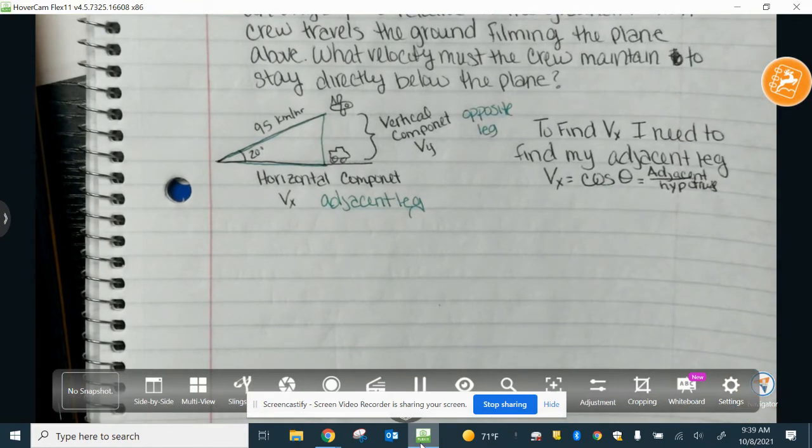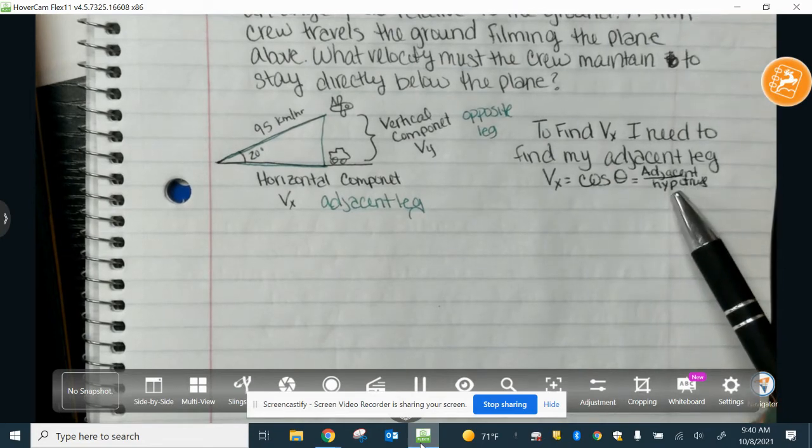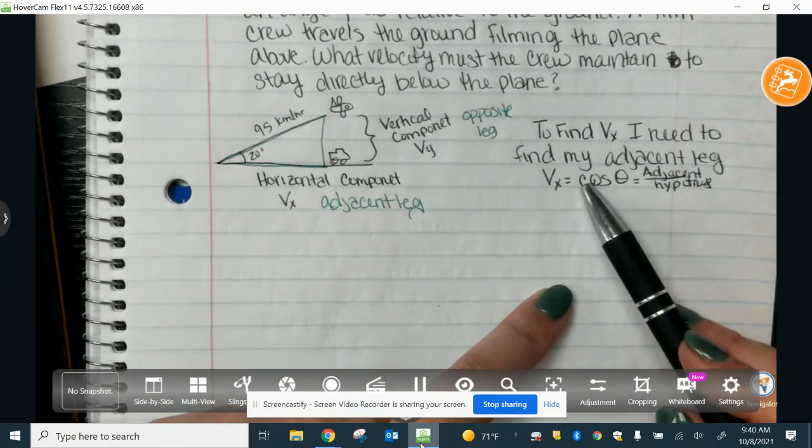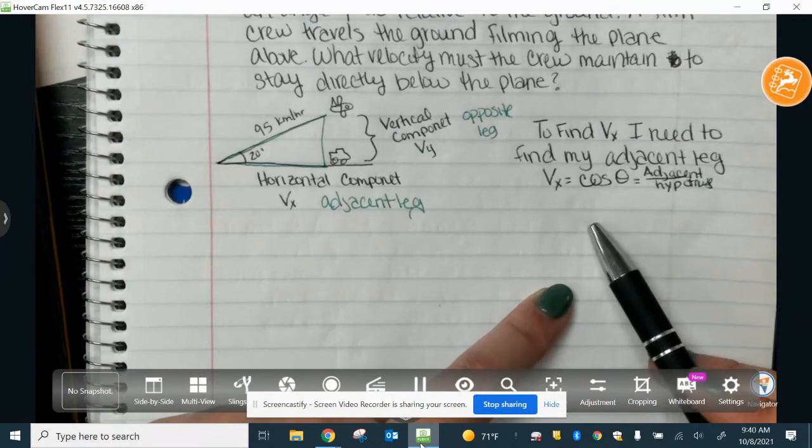So I'm going to manipulate my formula algebraically so that adjacent equals something. To do that, I need to get rid of my hypotenuse on the bottom. So this would be divided by 1. You'd cross multiply both sides.